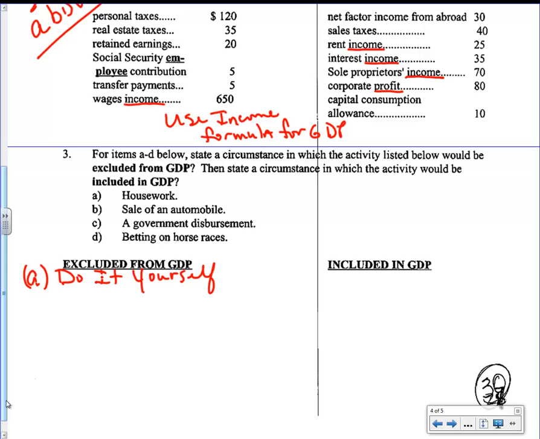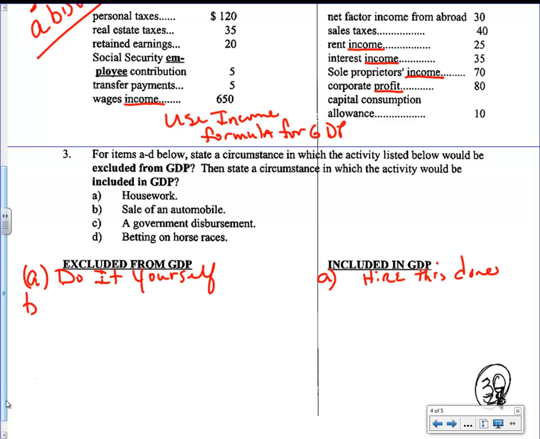Cannot include that because we don't know the value to include. You would include that if you hire this done. So if you hire somebody to clean your house, that's the fair market value. That is included in gross domestic product.